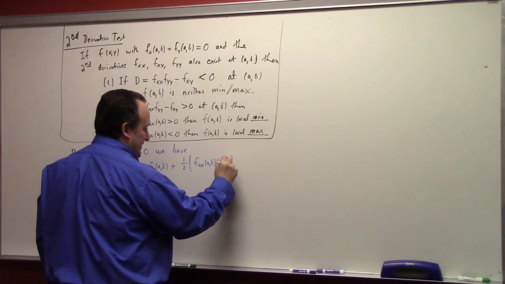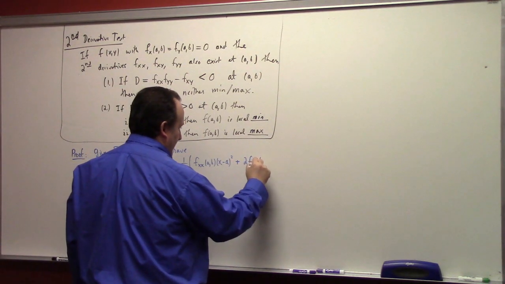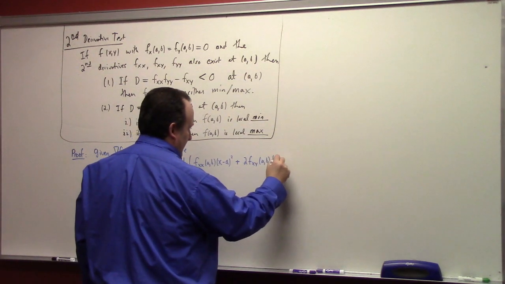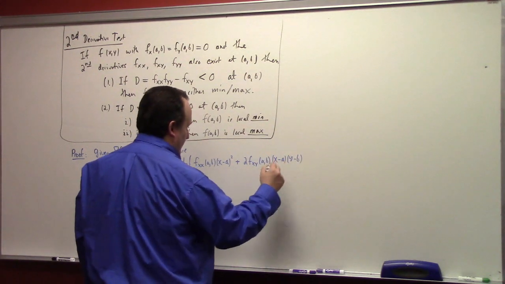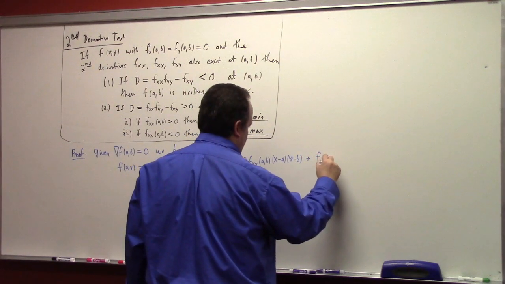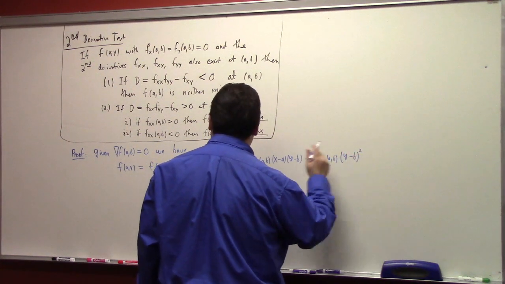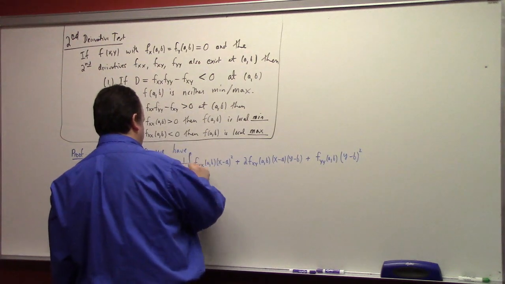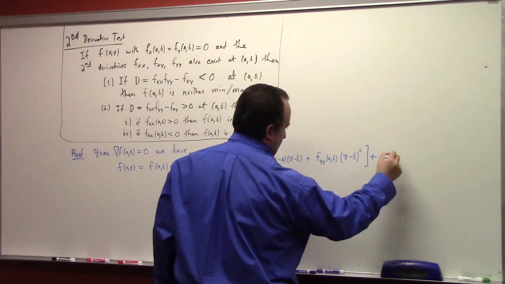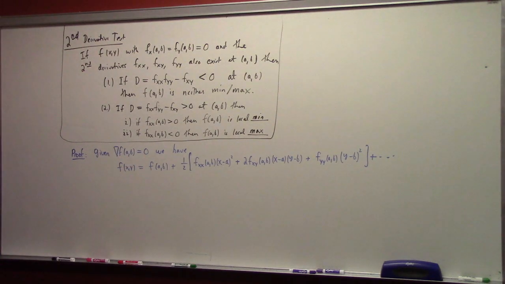Okay, so fxx at a, b times x minus a squared plus 2 fxy at a, b times x minus a times y minus b, right? And then plus fyy at a, b times y minus b squared, plus dot dot dot. So the behavior of the function at the critical point is dominated by the quadratic piece, right?